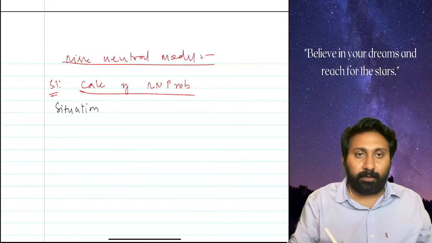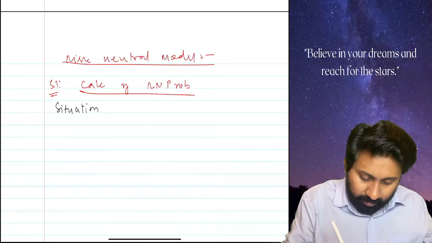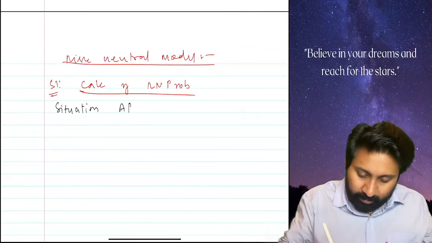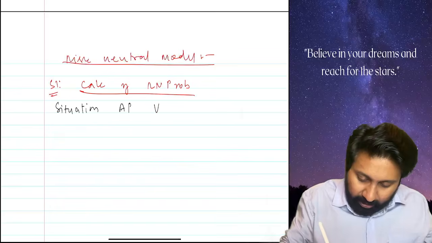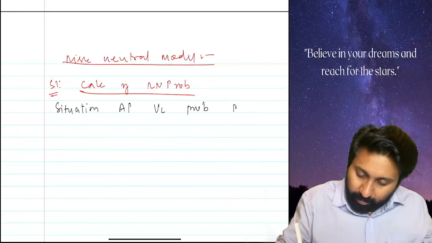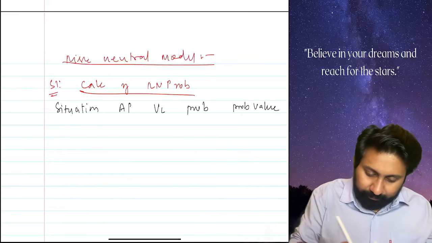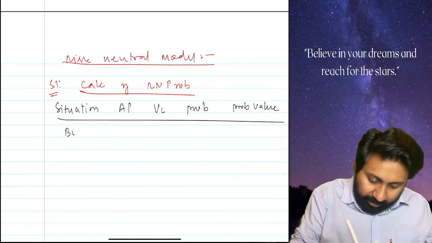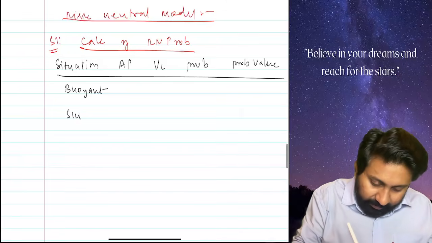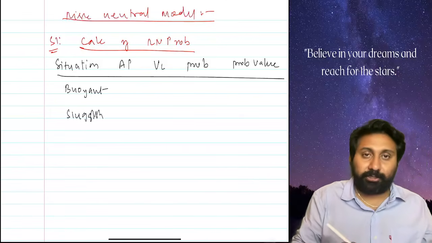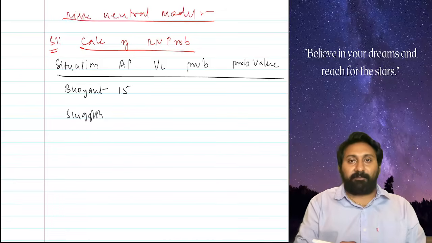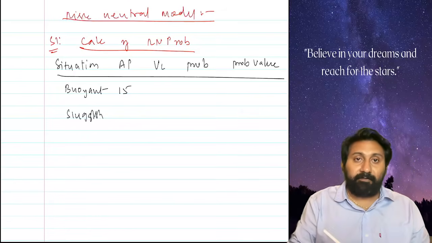First, the situation, the value of the land, probability, probable value. The market is buoyant, the market is sluggish. If the market is buoyant, each one can be sold at 15 lakhs.